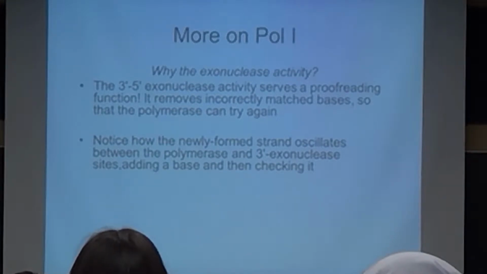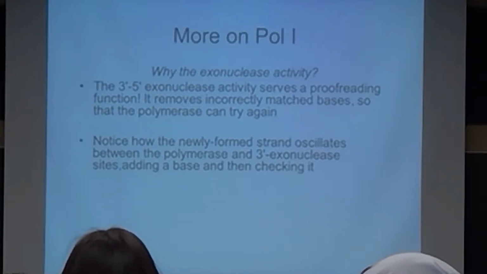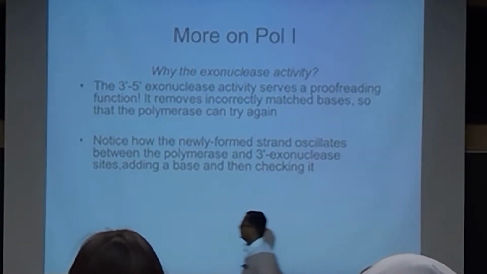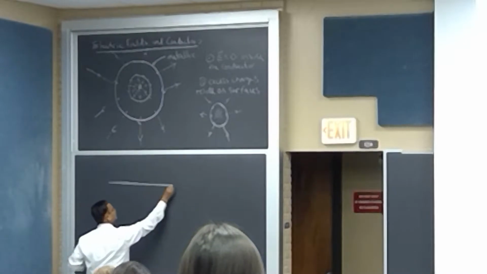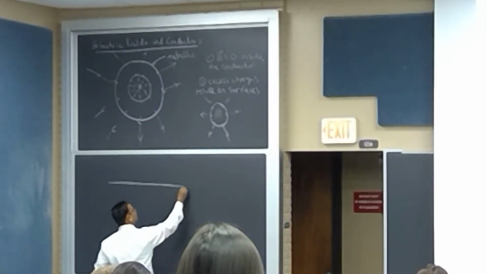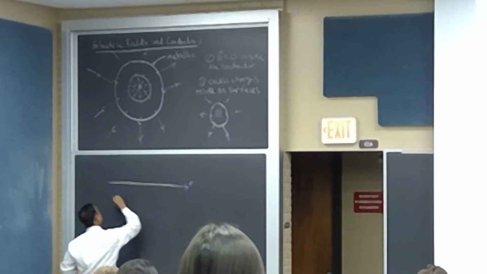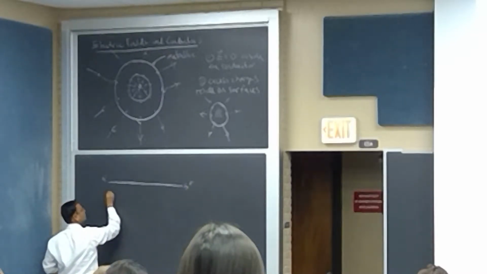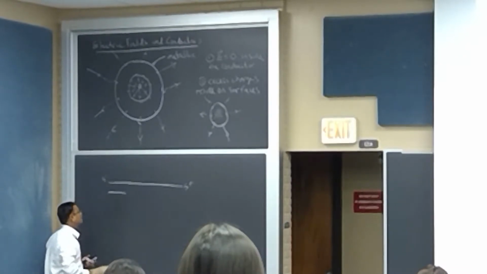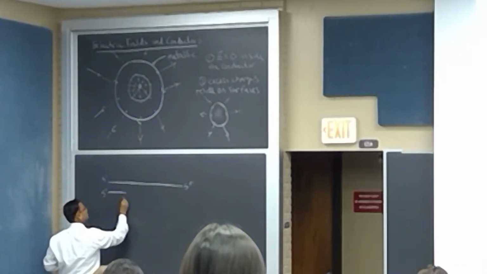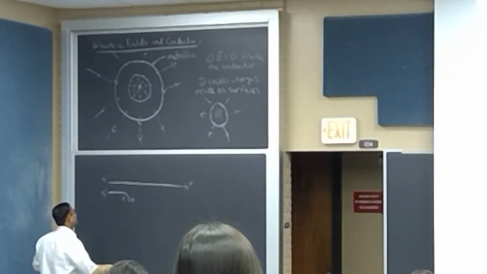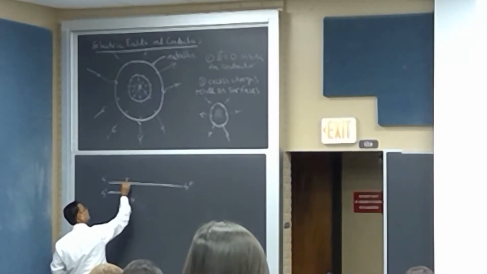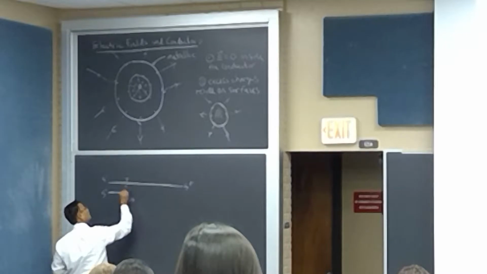Now let's talk about a little bit more. So let's take a DNA template, which is 5 prime, 3 prime, and you have a primer which has a 3 prime hydroxyl group, and let's say this is P, so this will be A, already the end of the primer.